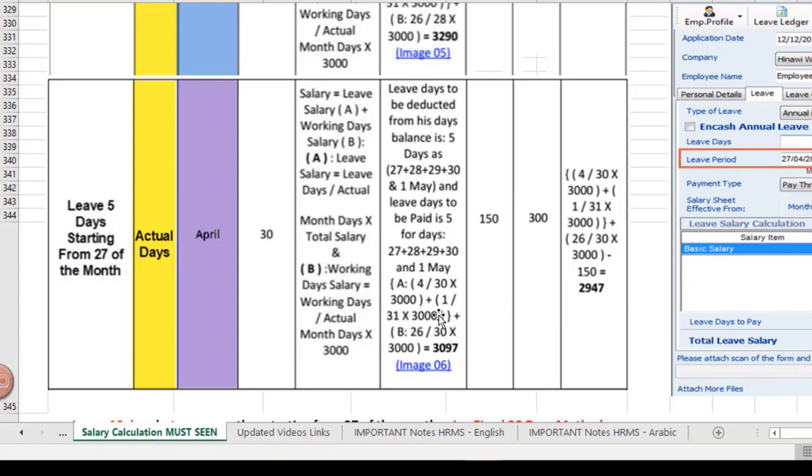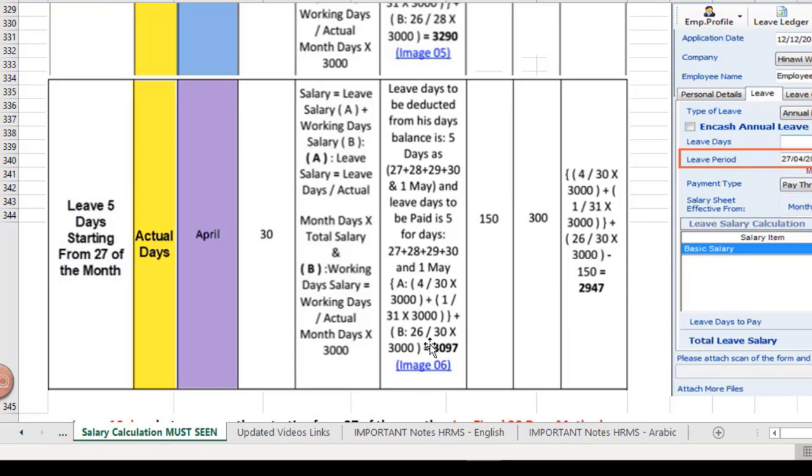Divided by 31. Because why is it 31 here, not 30? Because it's reading the number of days based on May, not April, since we're talking about the next month now. Multiplied by 3,000.